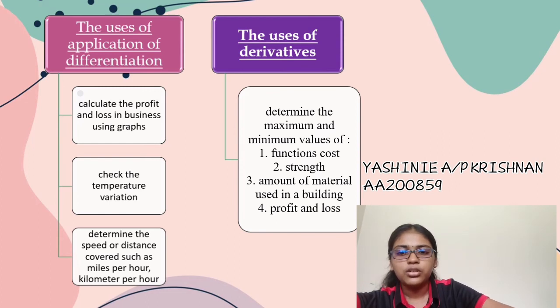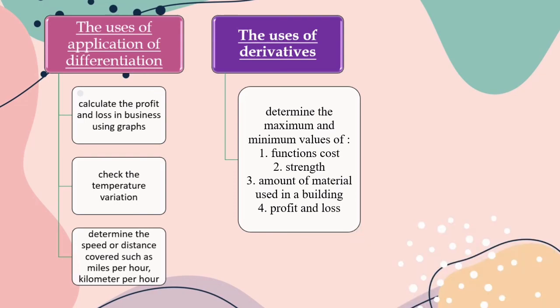Derivatives are used to derive many equations in physics. We also can use the derivative to determine the maximum and minimum values of a particular function, such as cost, strength, amount of material used in a building, profit and loss.